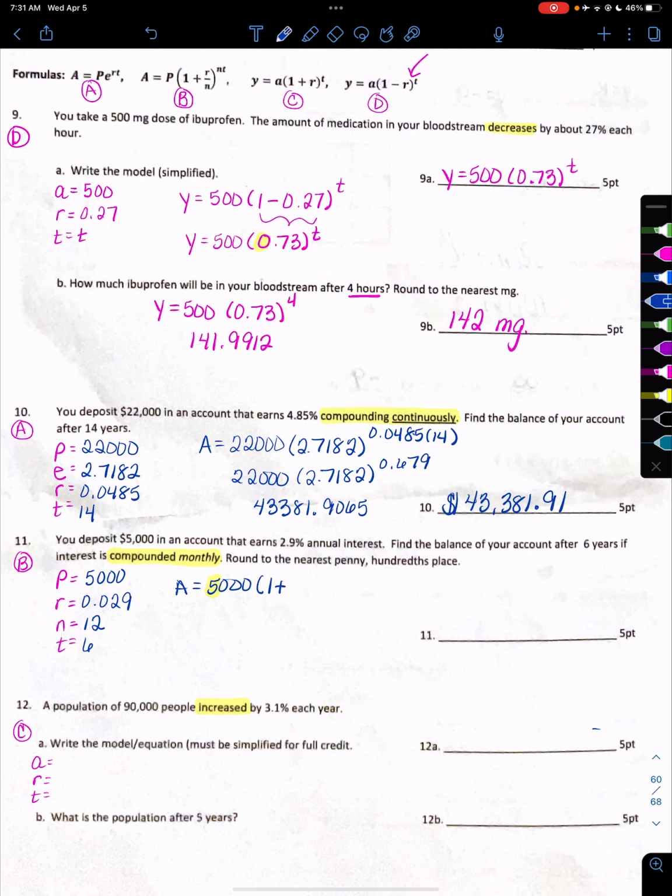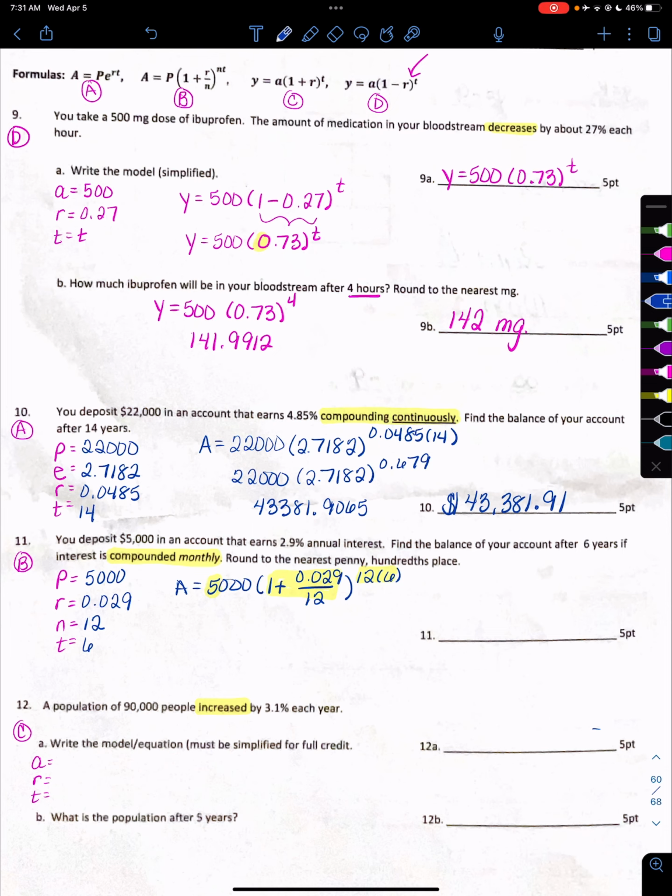Times 1 plus 0.029 over 12 to the power of 12 times 6. Now, I would suggest rewriting this, simplifying what's in parentheses, and then multiplying 12 times 6 together to get that simplified as well.